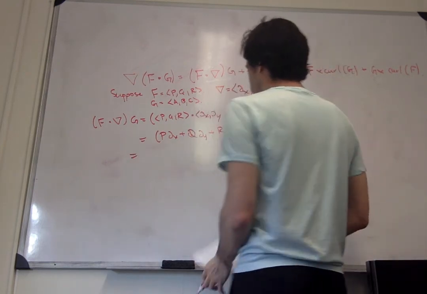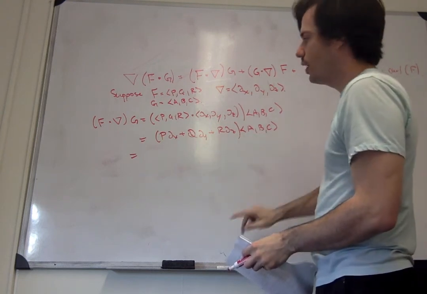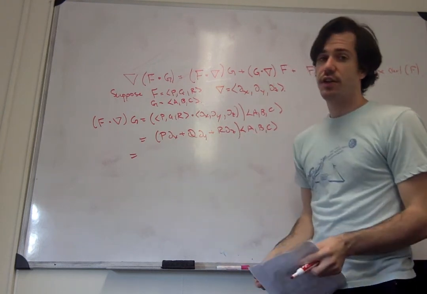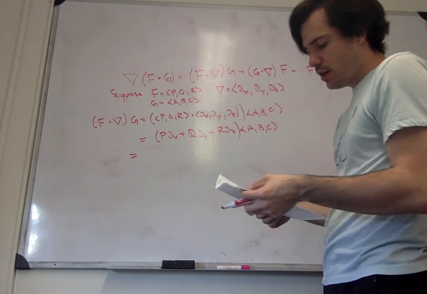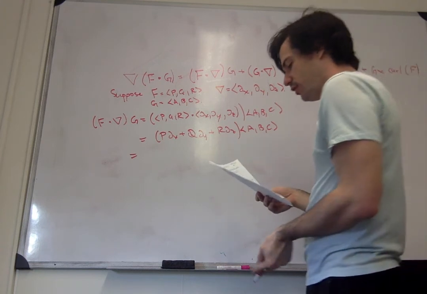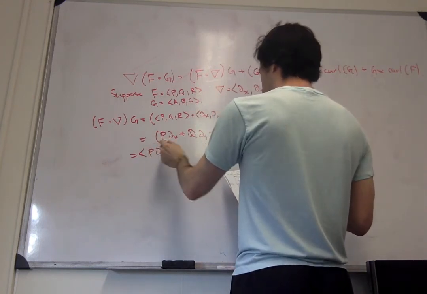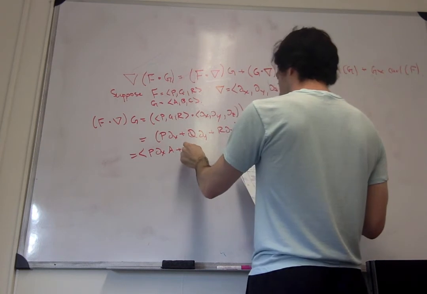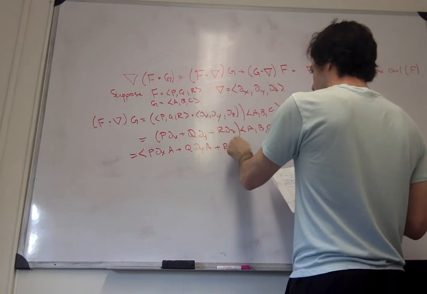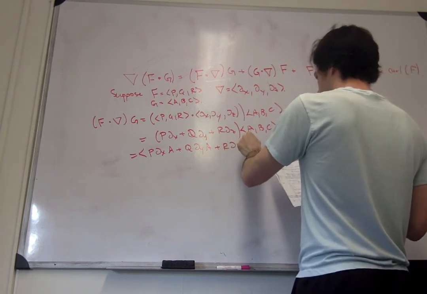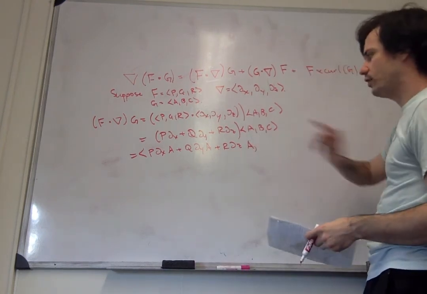And now you're going to apply each of these to this. The P's and the Q's and the R's, you're going to treat like constants. When you multiply this by A, this should give us P del x A plus Q del y A plus R del z A. So that's the first component. I just applied it to the first component.